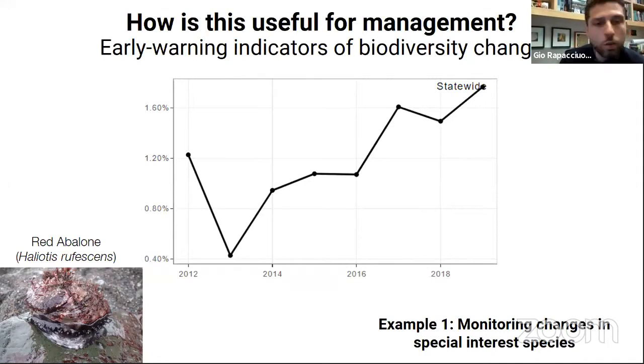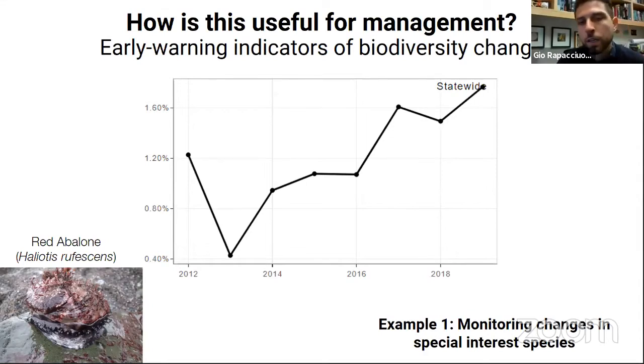And here the story is that red abalone is not doing well across the coast, as many of you might know, but it's doing extremely badly in the subtidal, which has meant that it basically is looking for food in the intertidal. And this means that people are seeing it more and more often in the intertidal, oftentimes unhealthy individuals, perhaps even dead individuals are being documented.